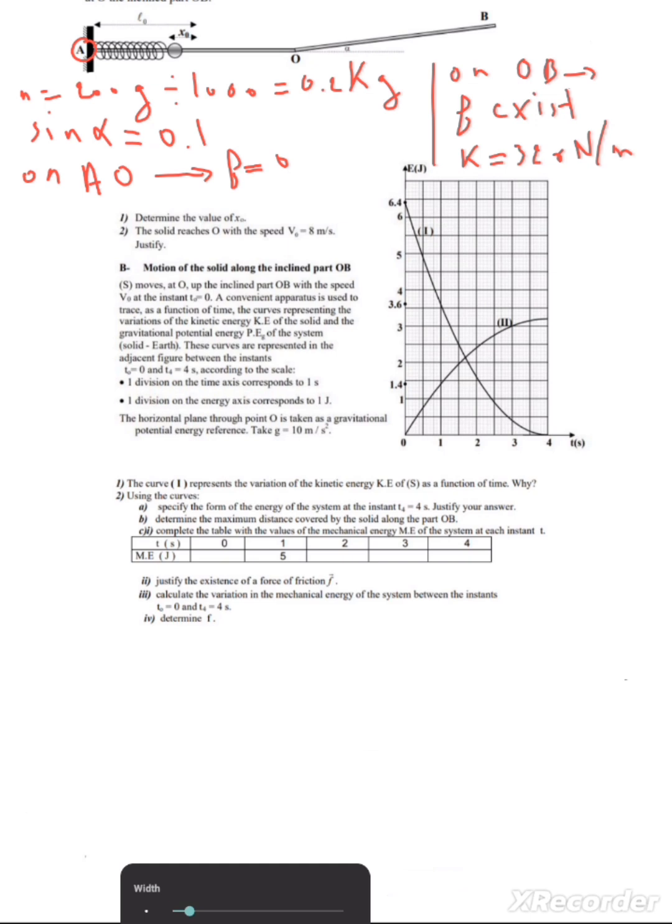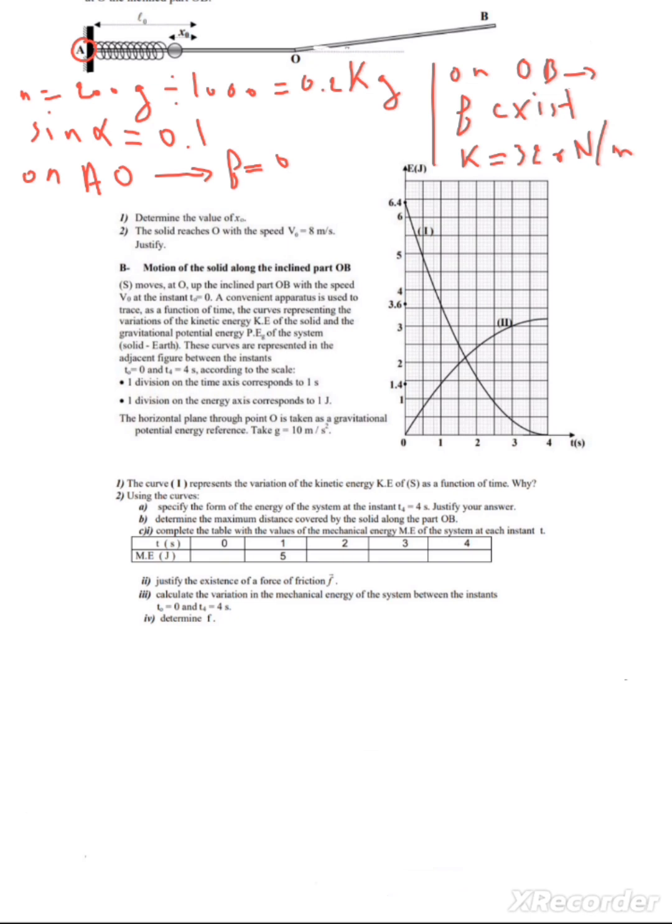These curves are represented in the adjacent figures between the instants t0 equals 0 and t4 equals 4 seconds according to the scale. One division on the time axis corresponds to 1 second and one division on the energy axis corresponds to 1 joule. The horizontal plane through point O is taken as a gravitational potential energy reference.